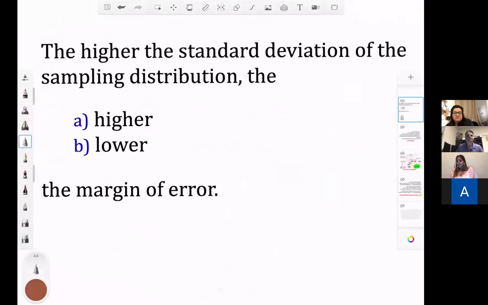First question. The higher the standard deviation of the sampling distribution, the higher or lower the margin of error? Is it A or B?